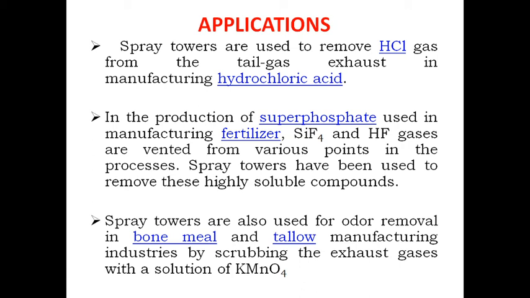SiF4 and HF gases are vented from various points in the process. SiF4 is silicon tetrafluoride and HF is hydrogen fluoride. Spray towers have been used to remove these highly soluble components.